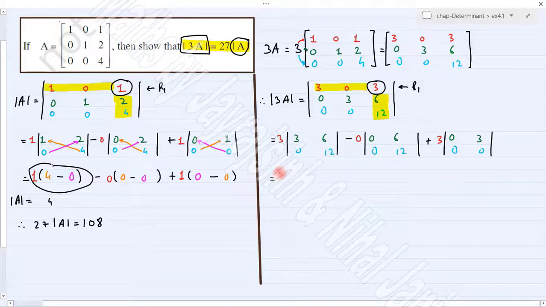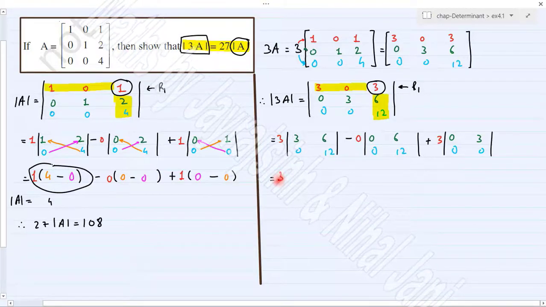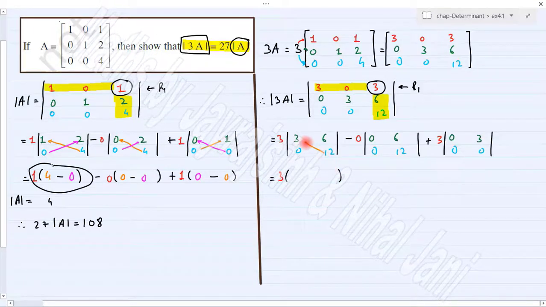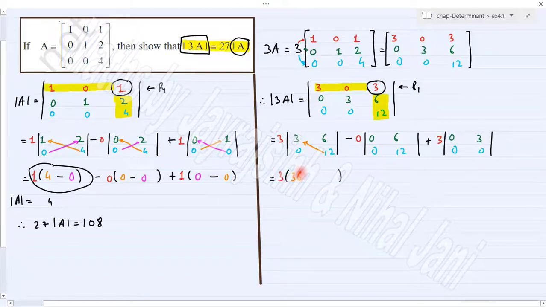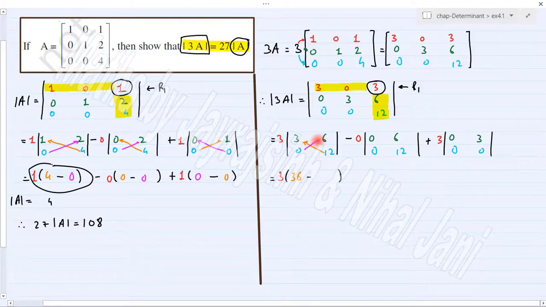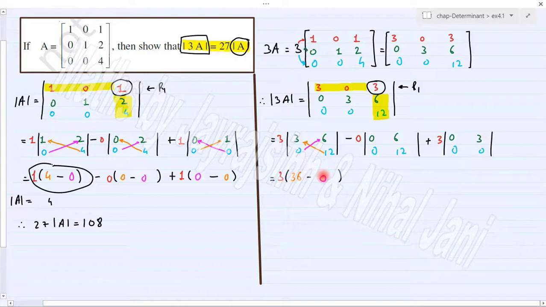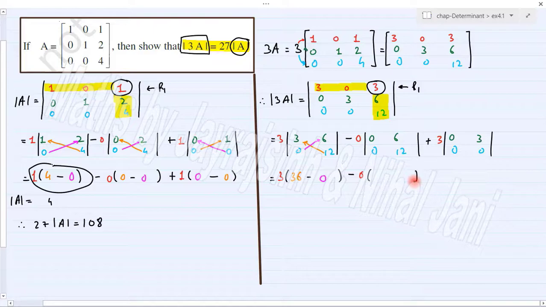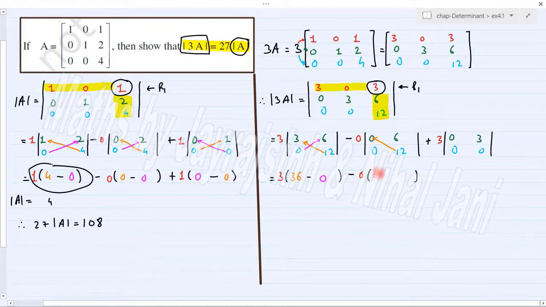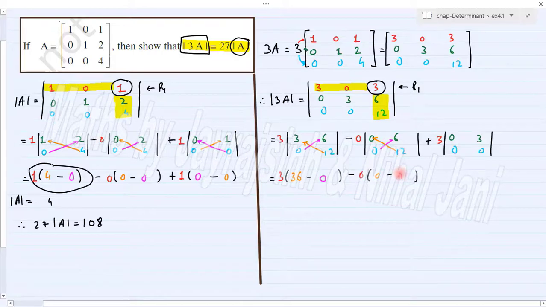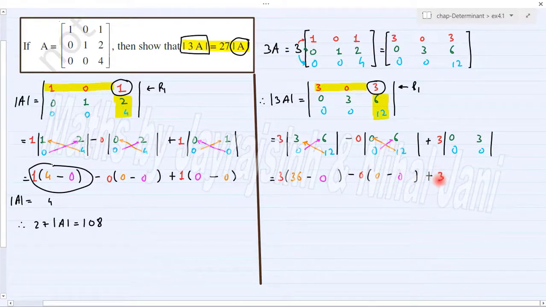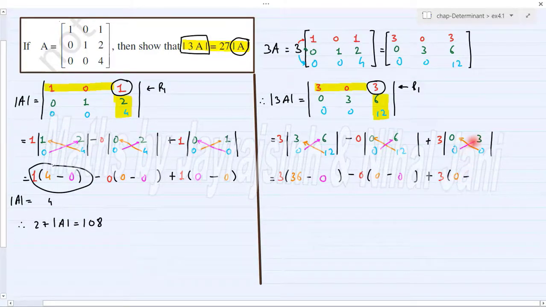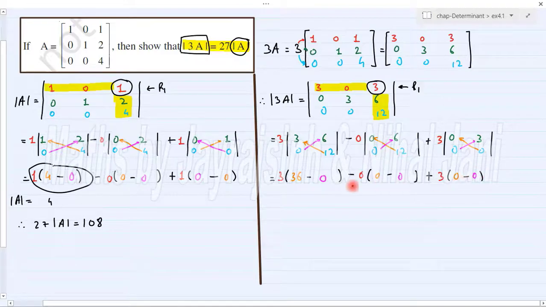Now in further simplification, we have to expand these 2 cross 2 determinants. Your first determinant can be obtained by 12 into 3 will give us 36, minus 0 into 6 will give us 0. Then in the second element we have 0, so we don't have to worry about this second determinant. 12 zeros are 0, minus 0 sixes are 0, and in the last determinant we will get 0 into 0 will be 0, minus 0 into 3 will be 0 again.